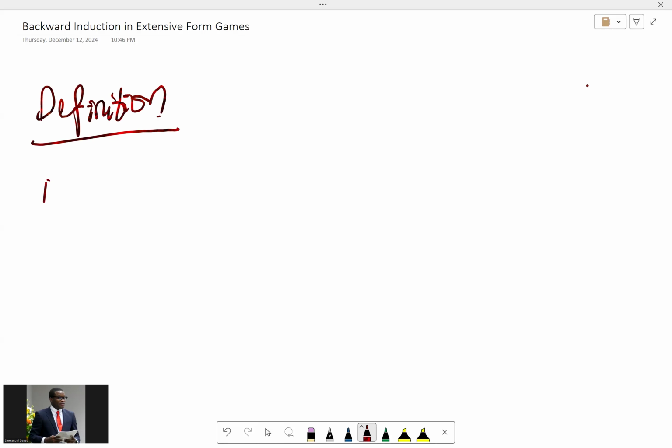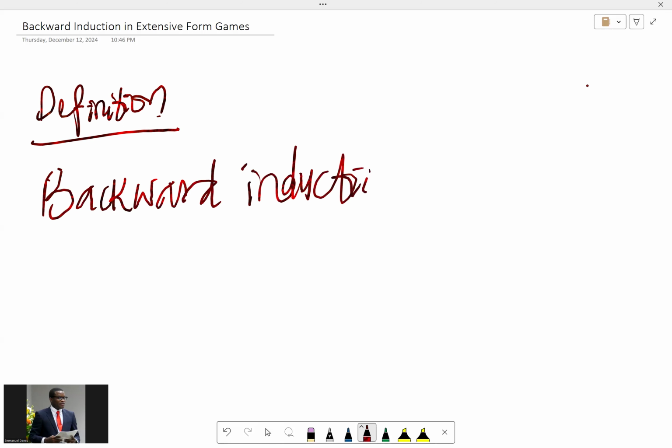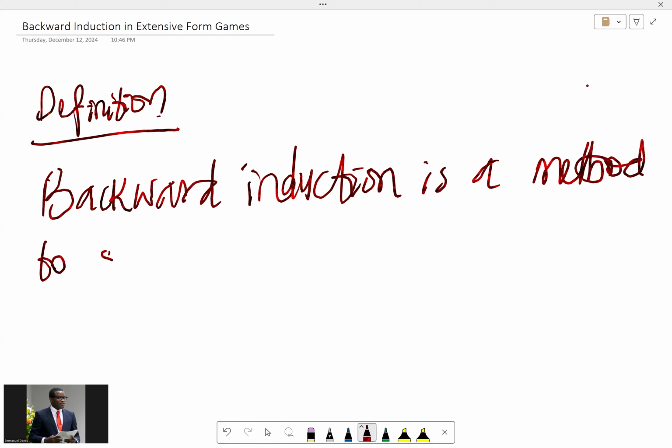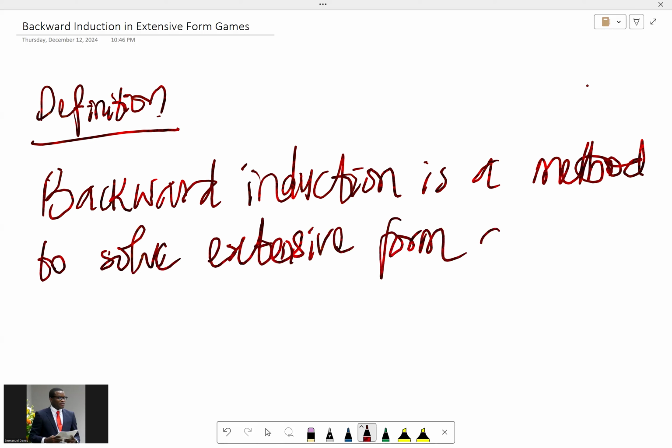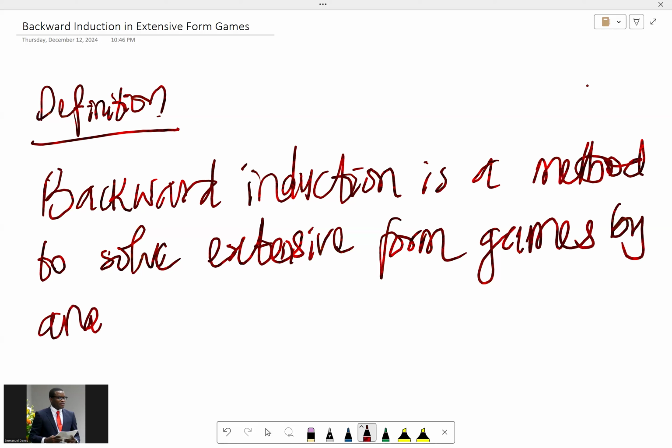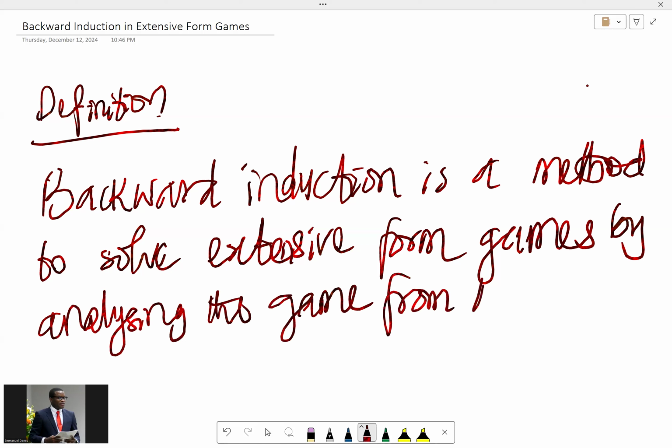So the definition: backward induction is a method to solve extensive form games by analyzing the game from the terminal nodes.